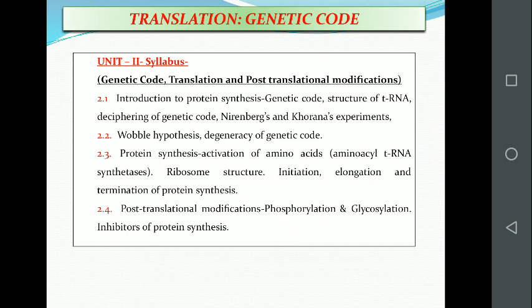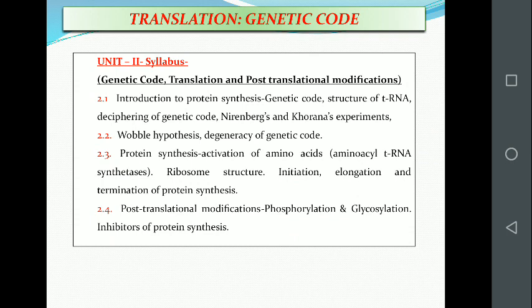Only we have the last subtopic, that is post translational modifications. In that also only phosphorylation and glycosylation, very small topics, and inhibitors of protein synthesis. So we have a list of inhibitors which inhibit the translation process both in prokaryotes and eukaryotes.